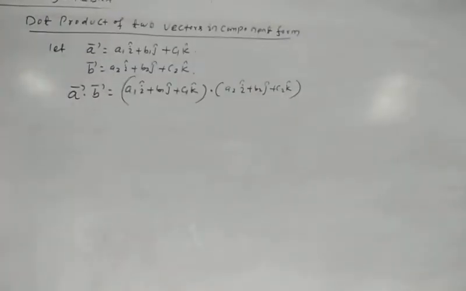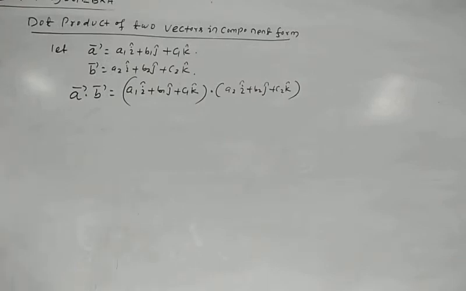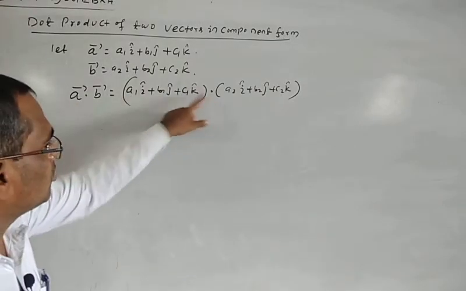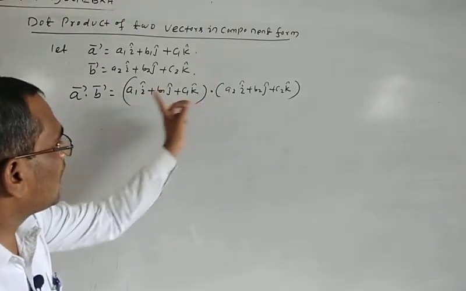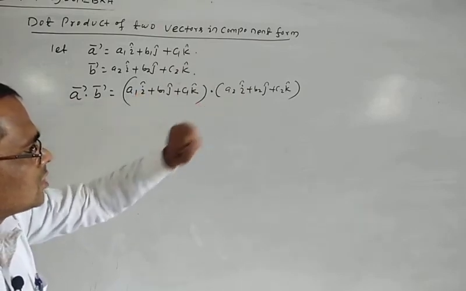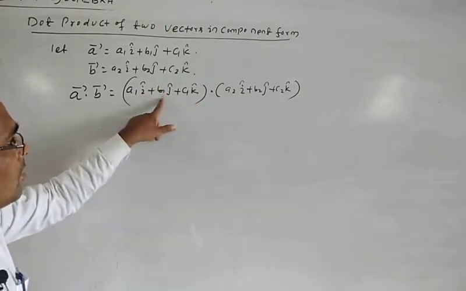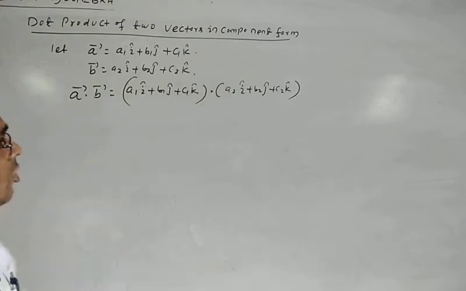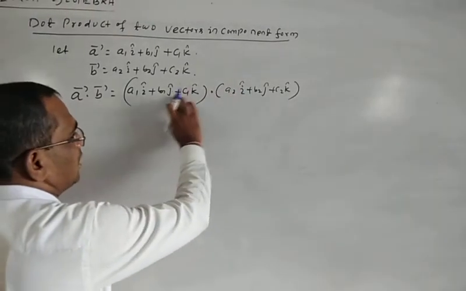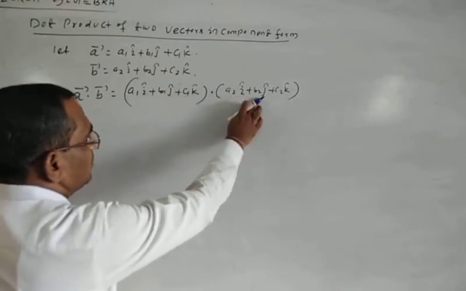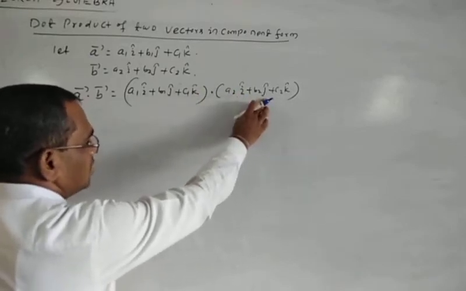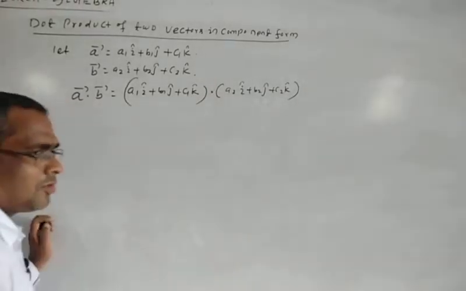You know dot product is distributive over addition of two vectors. So a1 a2 I cap dot I cap is equal to 1, a1 b2 I dot j equal to 0, a1 c2 I dot k is equal to 0, b1 a2 j dot I 0, b1 b2 j cap dot j cap equal to 1, b1 c2 j cap dot k cap 0, c1 a2 k cap dot I cap 0, c1 b2 k dot j is equal to 0, c1 c2 k cap dot k cap equal to 1.